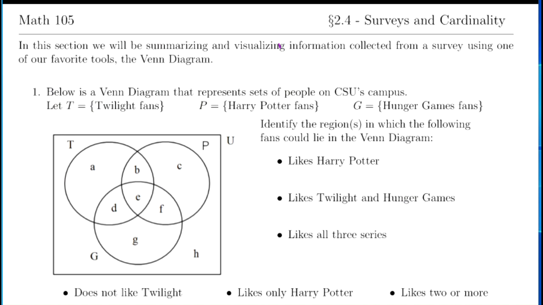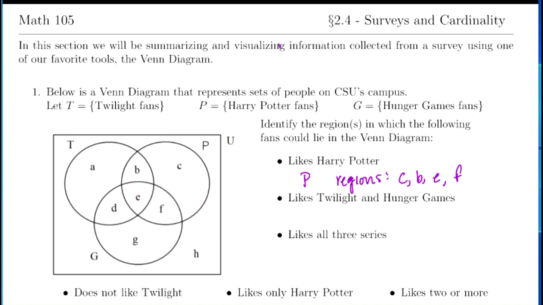If this person likes Harry Potter, this would be all of P, so the regions are C, B, E, or F. It could be in any of those pieces.